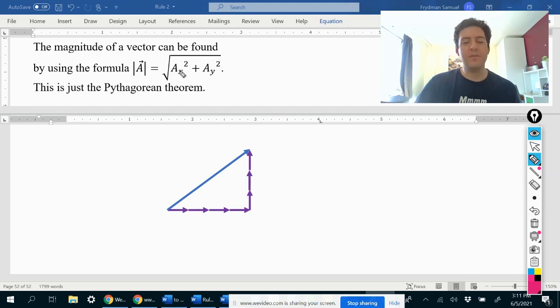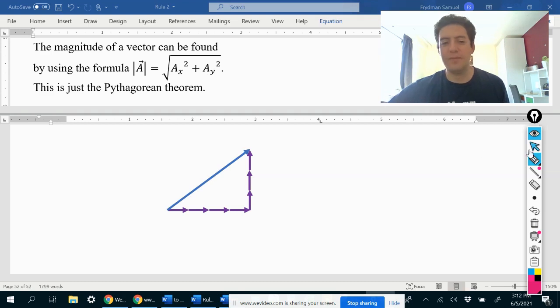So A sub x just means the x component of vector A. That's just the coefficient that we were putting in front of i. And the y component of vector A just means the coefficient that we were putting in front of j. All right, this will all make a lot more sense if we do an example, so let's just do one.